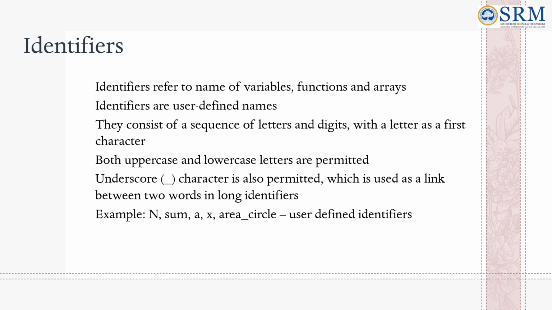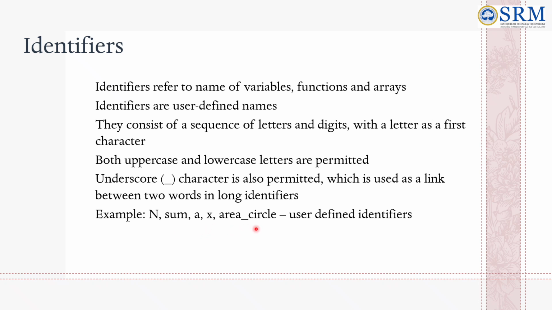Here are some examples of identifiers. N, sum. So this is an example of a sequence of letters. N, A, X, these are also identifiers. N is in uppercase, A, X are in lowercase.